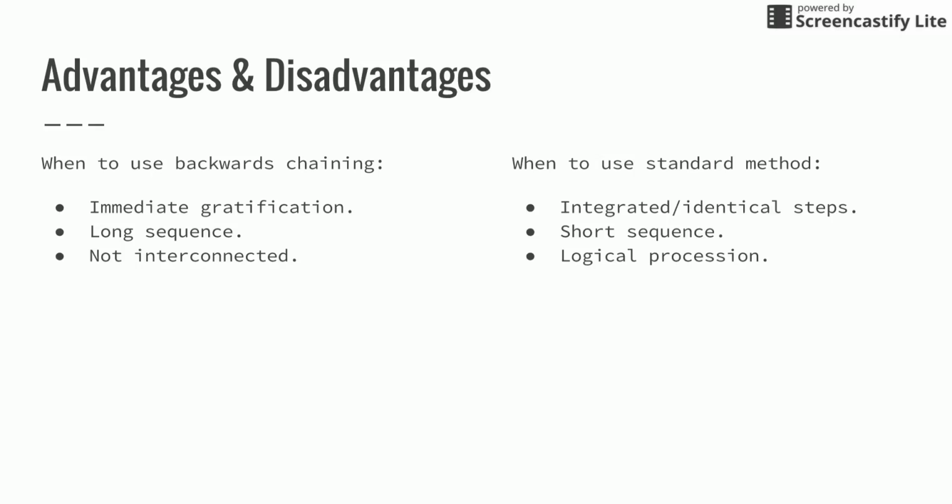Like if you've got 3 vocabulary words, or you're showing them how to make Toll House cookies, which is basically 2 steps: take out of package and put into oven and set timer. So I guess that's technically 3 steps, but that's still pretty short. So basically, backwards chaining is a great way to use sequencing to your advantage, but at the same time, don't get caught up in it. It's not always the right answer.